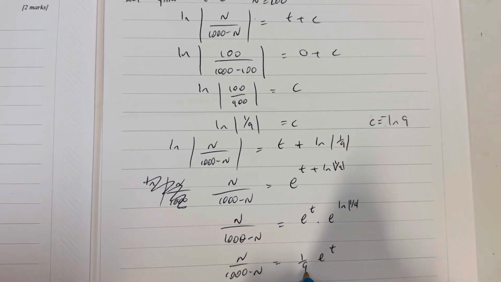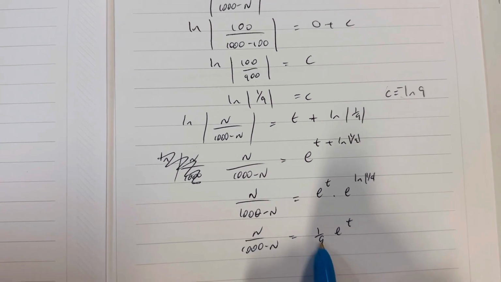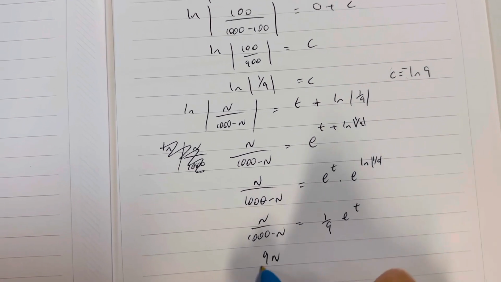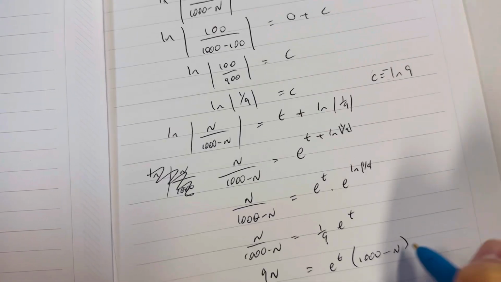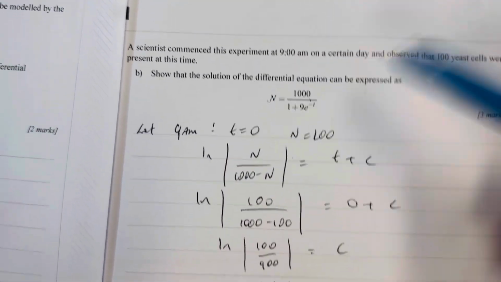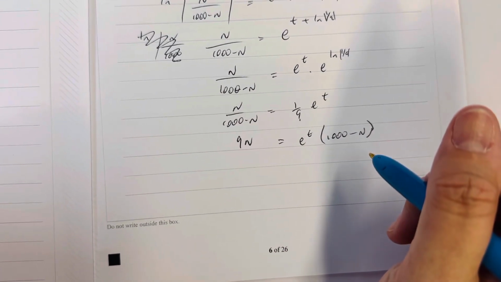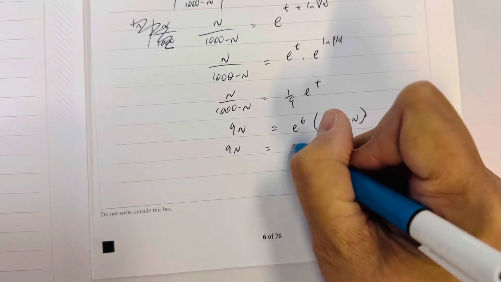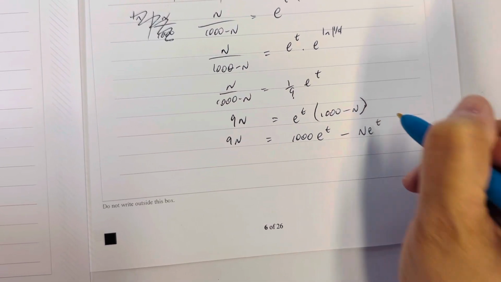I'm going to multiply the 9 across. So I'm going to get 9N, and I'm going to multiply the 1,000 minus N. Because I'm looking from what they told me, I wanted N equals something, so I need to separate my N. So that's 9N equals 1,000 e to the t minus N e to the t.